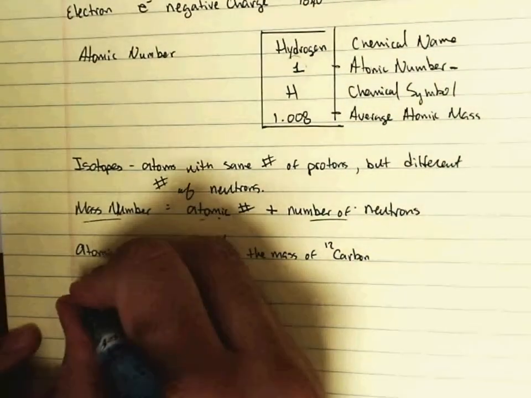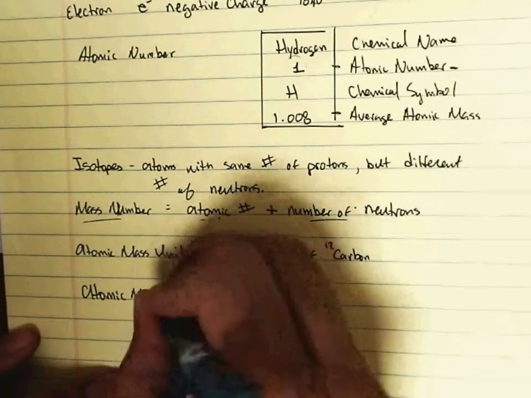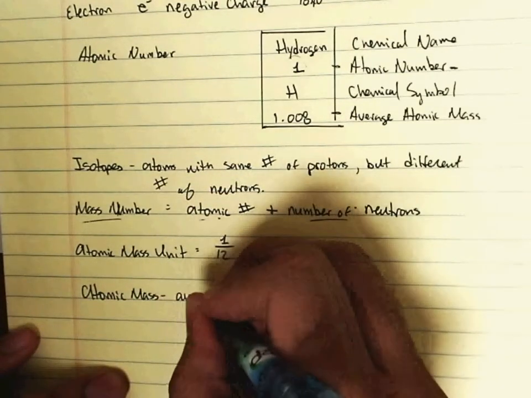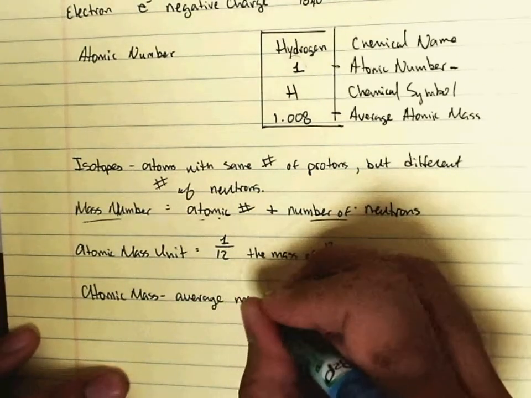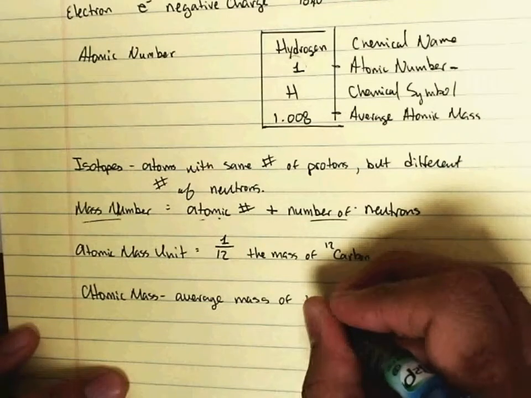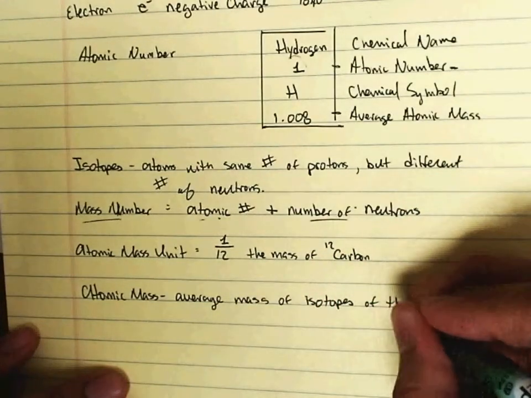So to do this, we have to calculate atomic mass, and that is the average mass of isotopes of the element.